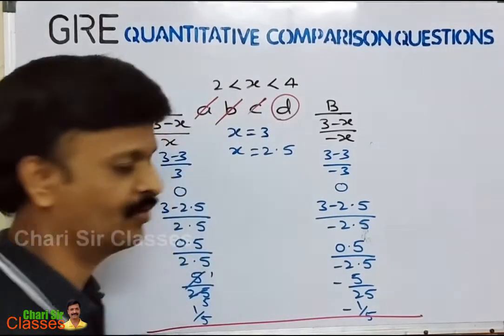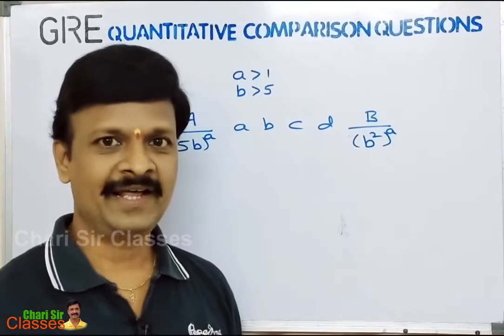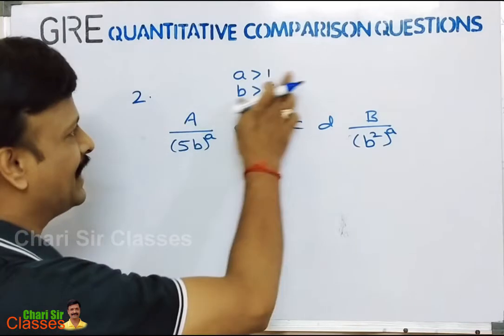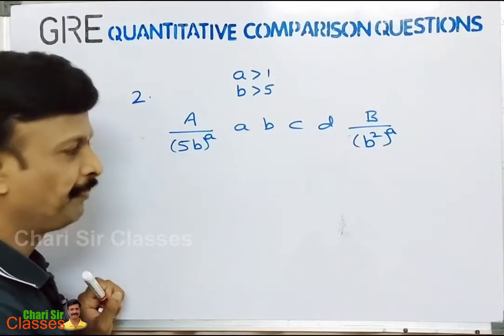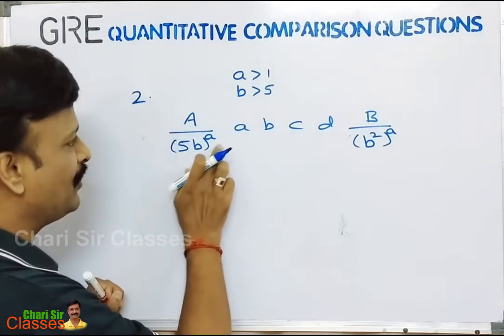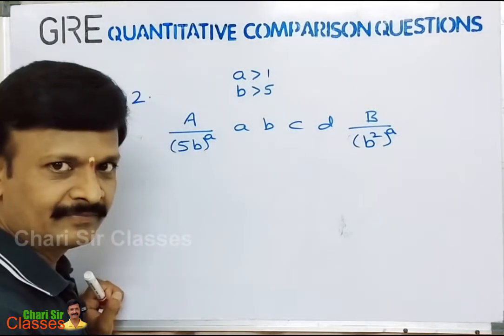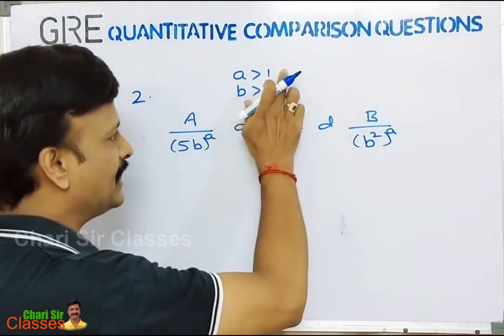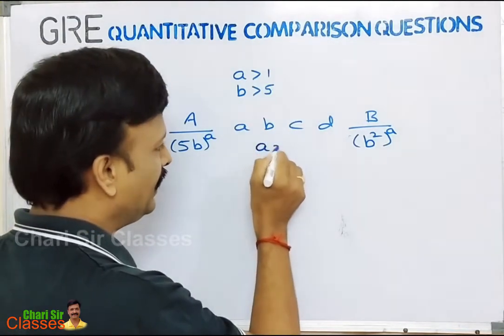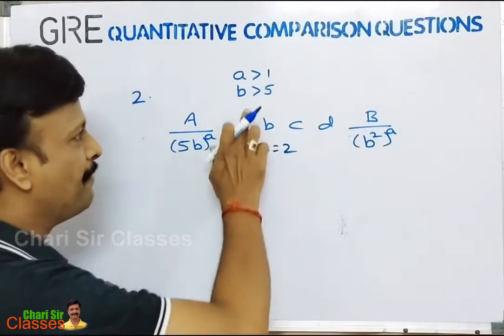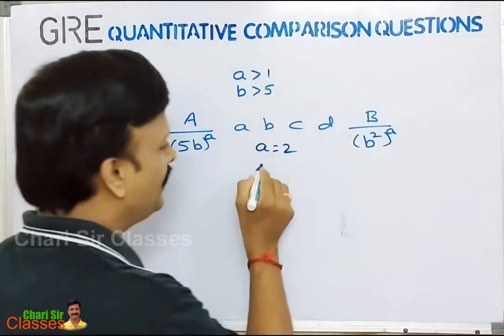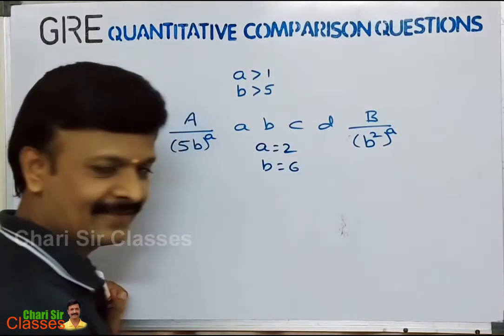Like this you can close the scratch paper. Next, question number 2. A is greater than 1, B is greater than 5. Quantity A is (5B) whole power A and quantity B is (B square) whole power A. When A is greater than 1, we can take A equal to 2. B is greater than 5, so we can take B equal to 6.